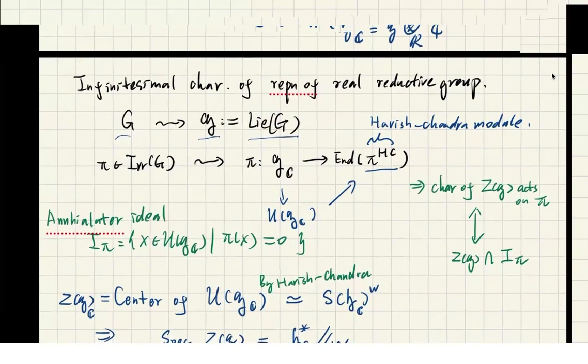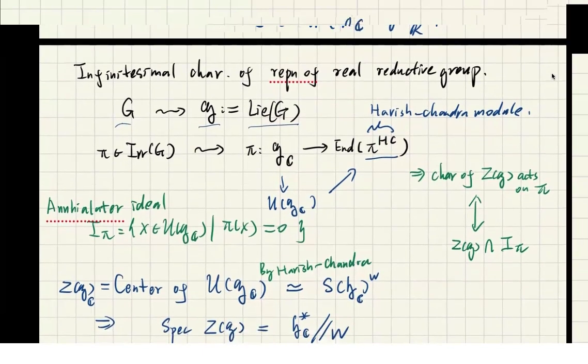Okay, so we can consider an important thing called the annihilator ideal, which is the set of all elements X in the universal enveloping algebra such that pi(X) maps to 0.